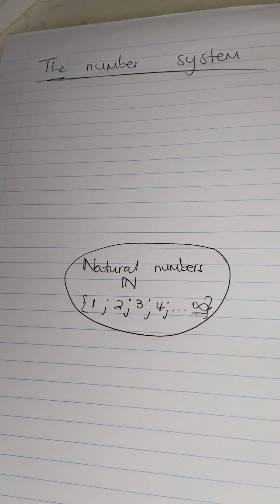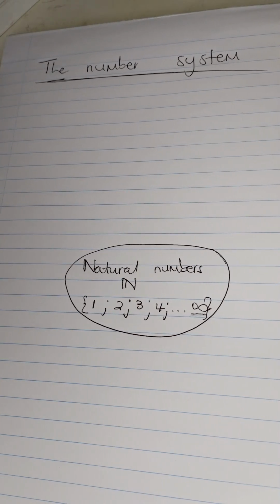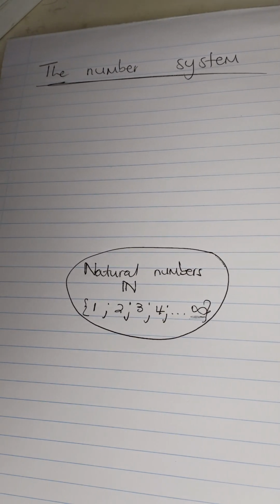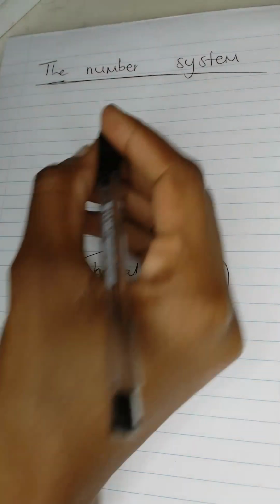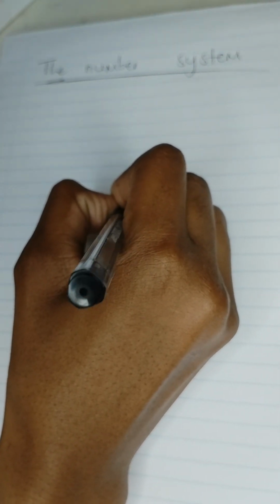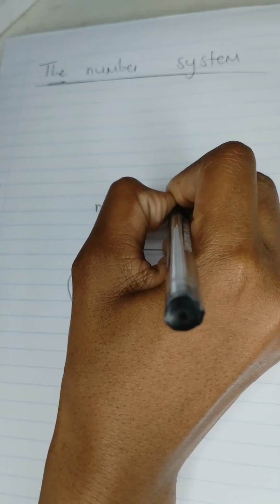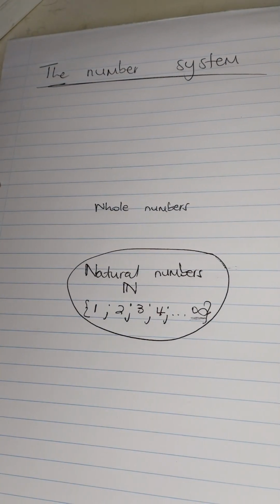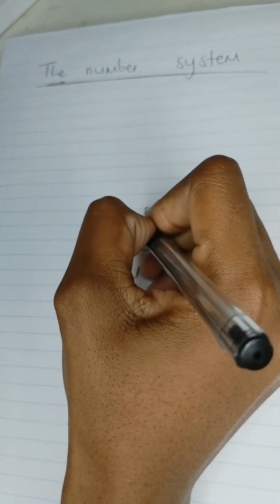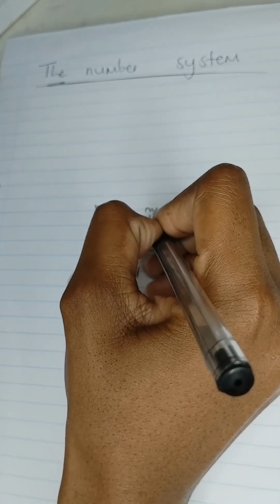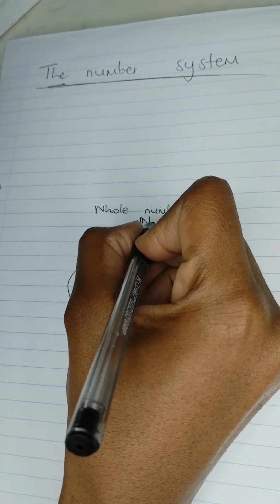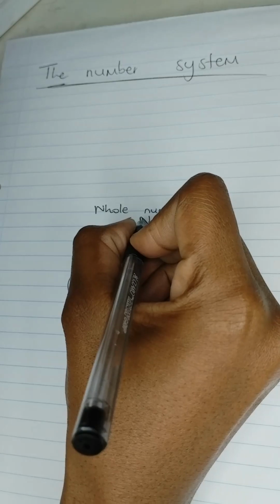And then we come to whole numbers. Now whole numbers begin from 0 going to the positive numbers. Whole numbers are denoted by this sign. It's an N and then a 0. This is a 0, it's not an O, it's a 0.